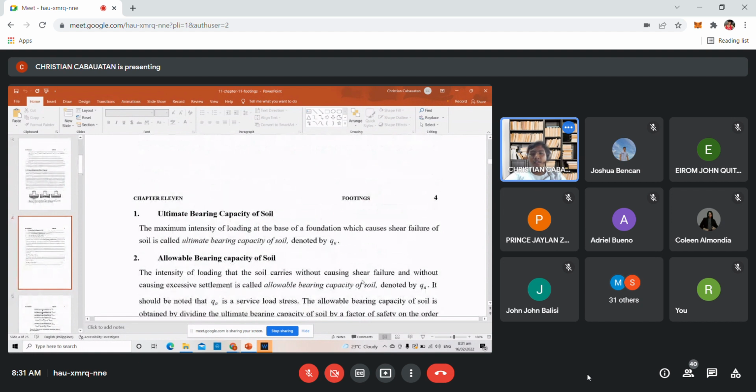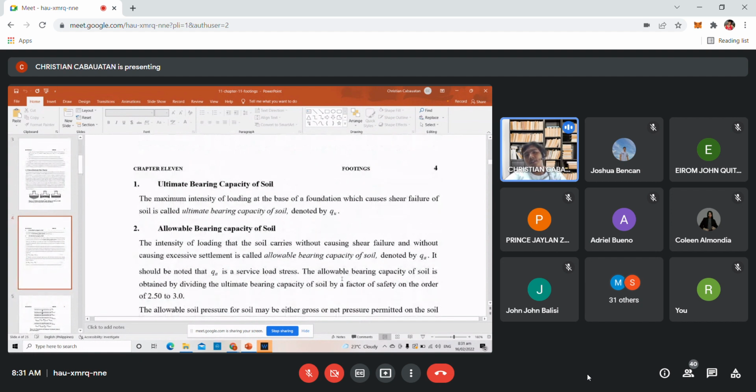Okay? So, the next one, the ultimate bearing capacity. So, the ultimate bearing capacity is always denoted as Q subscript U, no? So, we call it an ultimate bearing capacity if the maximum intensity of loading at the base of the foundation causes shear failure of the soil, no?